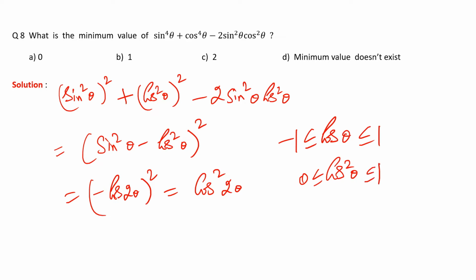It does not matter whether it is 2 theta or 3 theta or 4 theta, because it is just representing an angle. So cos^2 2 theta will lie between 0 to 1. So the minimum value of this expression is going to be just 0. That means the first option is the correct one.